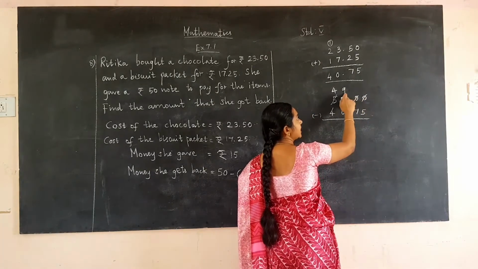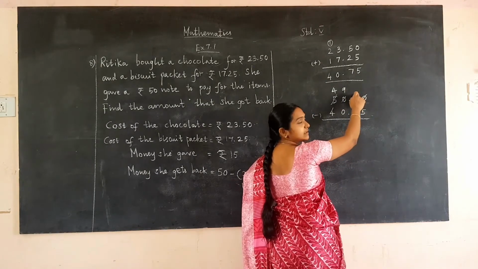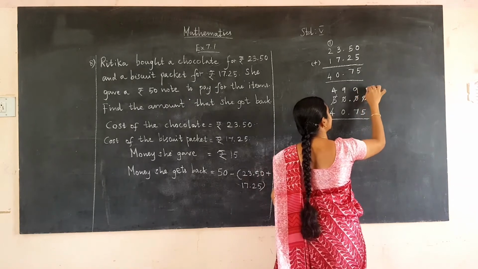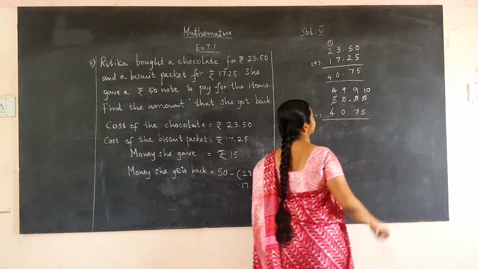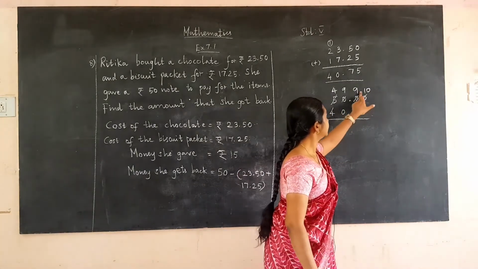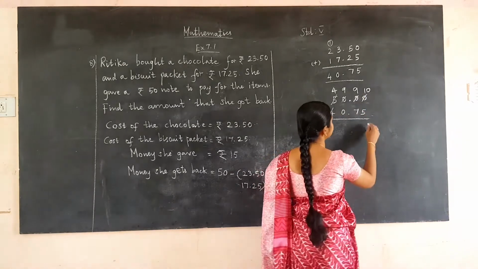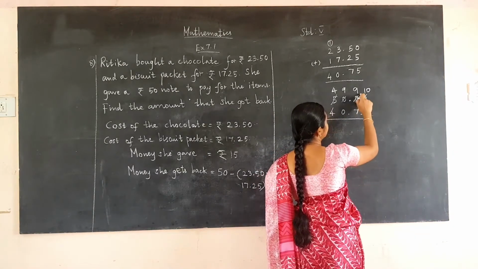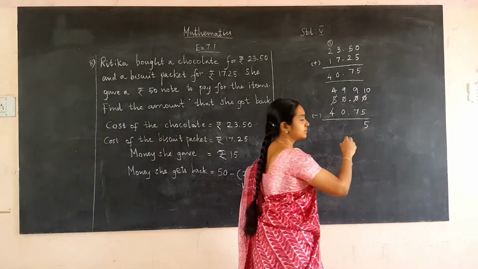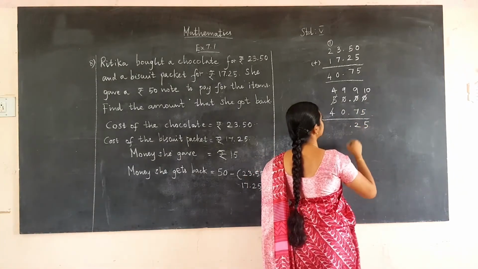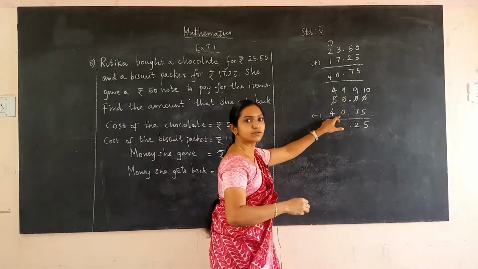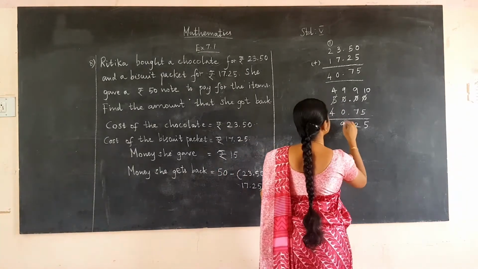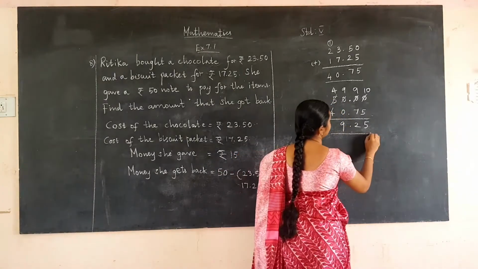While borrowing, again this will be changed as 9 from 10 and this will be 10. 10 minus 5 is 5. 9 minus 7 is 2. 9 minus 0 is 9. 4 minus 4 is 0.